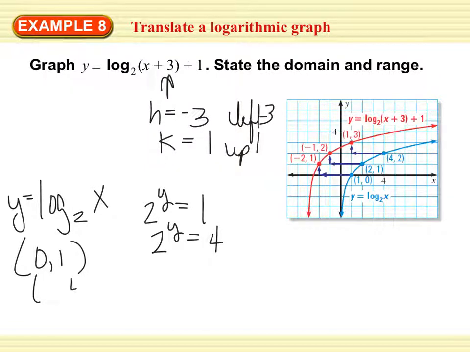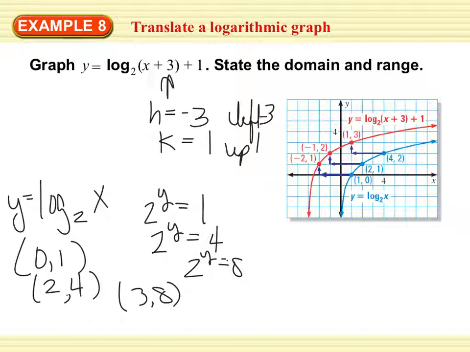So x is 4, y is 2. And then I'll do 2 to the y equals 8, where x is 8, y is 3. So if I graph those 3 points, and I'm going to graph them in blue highlighter, I have 1 comma 0.